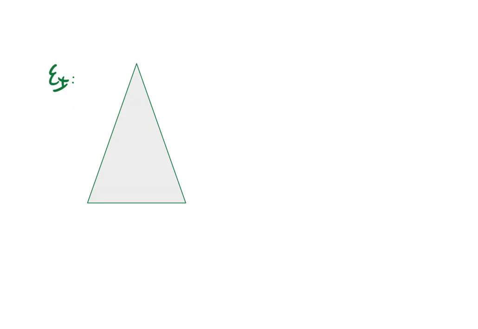So here's another isosceles triangle, but this time instead of giving you two angles, I'm only going to give you one. I'm going to give you this angle right here as being 72 degrees. And then I'm going to ask you for the other two. So I'll ask you for angle D and angle E.